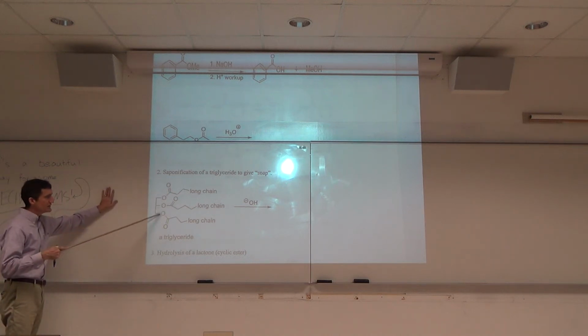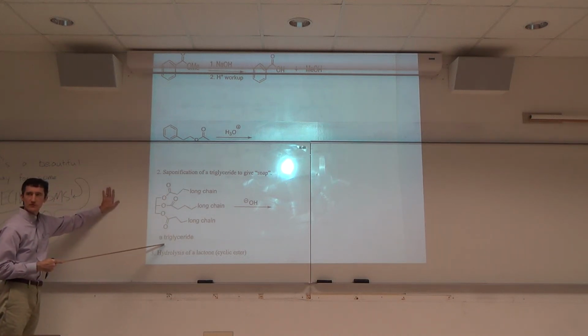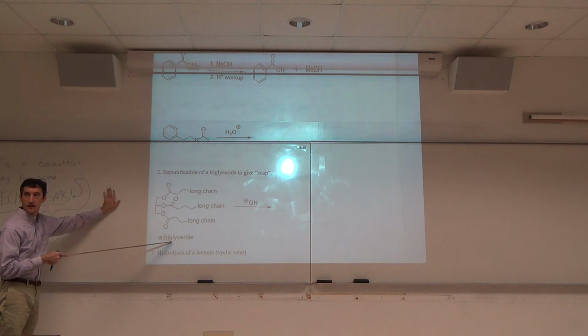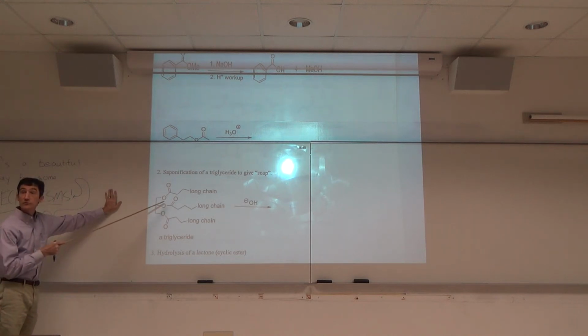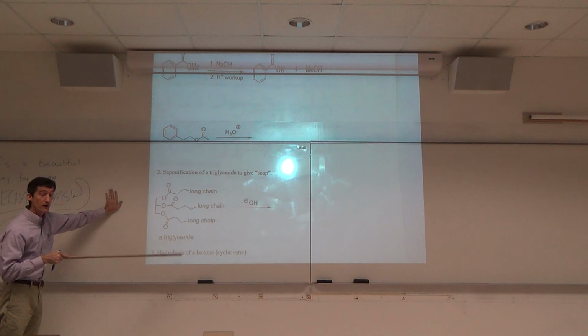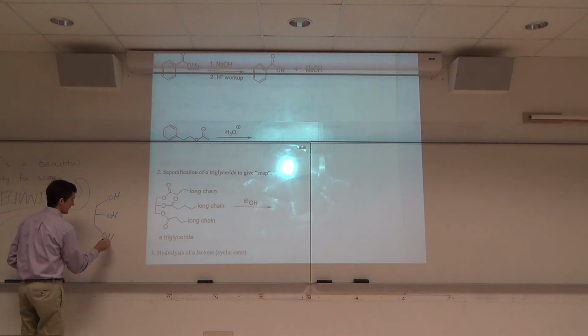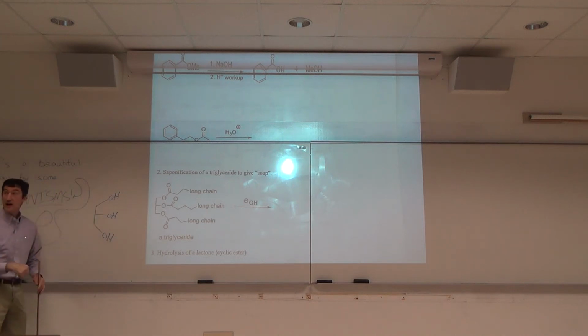Well, if you take the triglyceride, what is a triglyceride? It's the triester. See, that's an ester, ester, ester. This is a CH2, this is carbon, carbon, carbon, okay? It's the triester of what? Glycerol. Glycerol is this 3-carbon triol called glycerol.